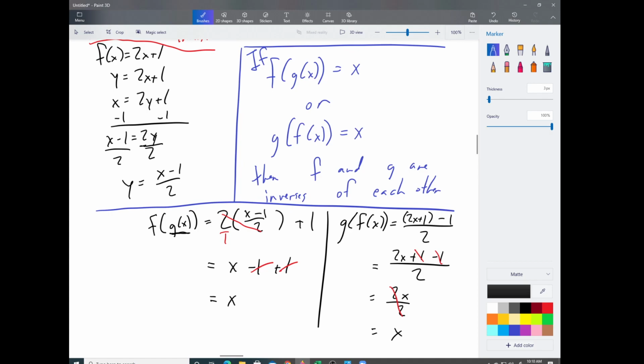It should not matter what order you go in. Either way, the composite function should equal your x. So I do have some problems I'm going to give you to practice with today where you just say, are they inverses of each other?